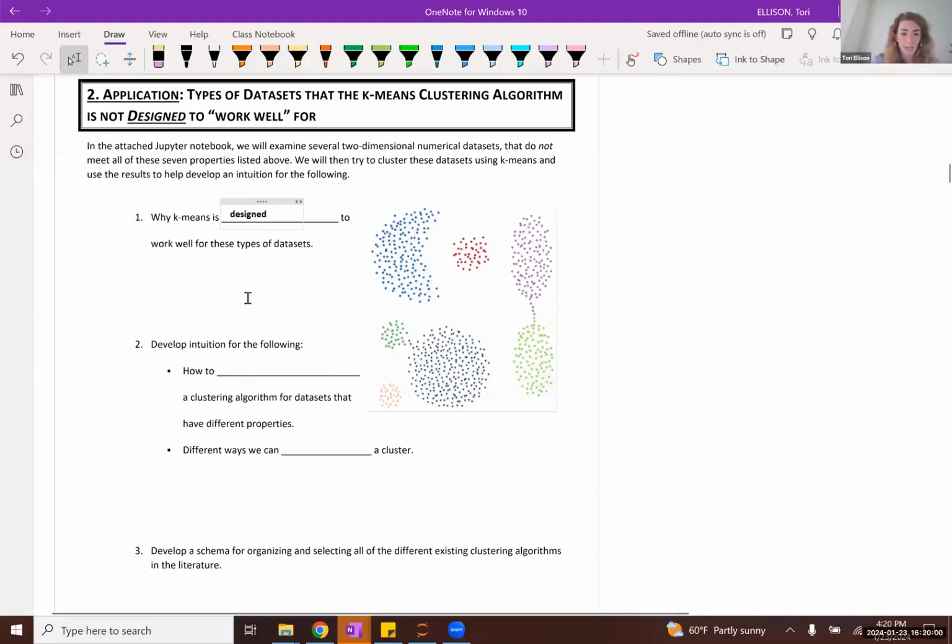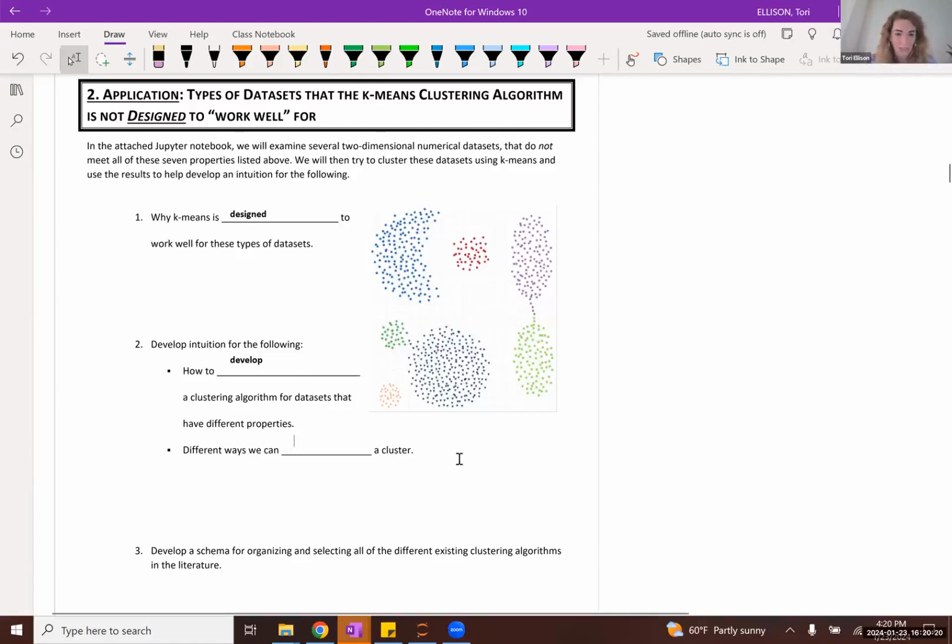And in so doing, by examining these unideal data sets, it's going to allow us to develop an intuition as to how we might develop a clustering algorithm ourselves that doesn't necessarily meet all of these ideal specifications.